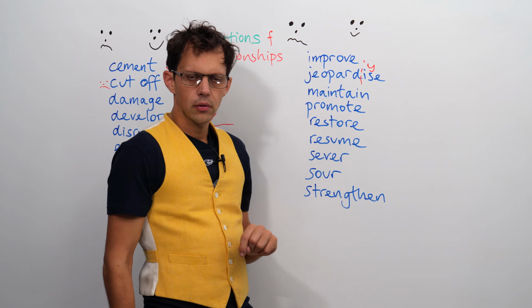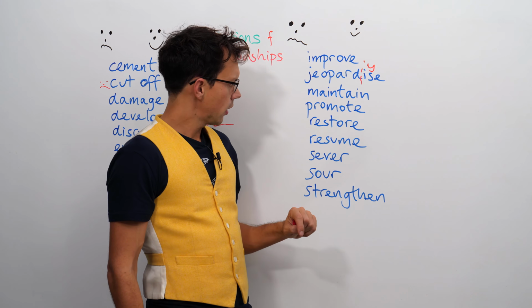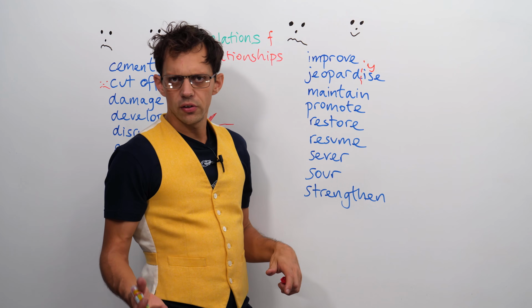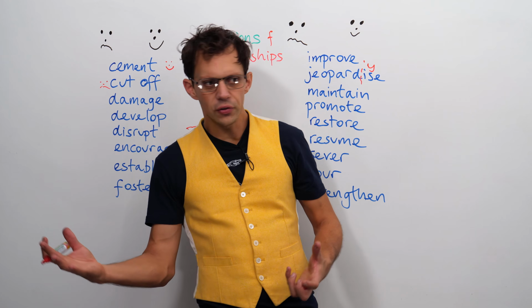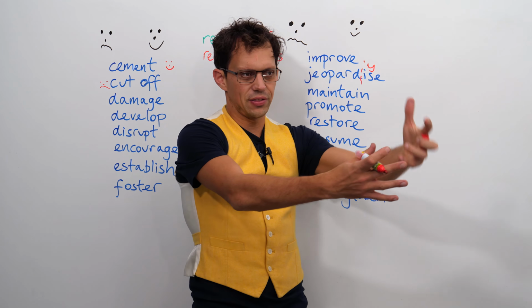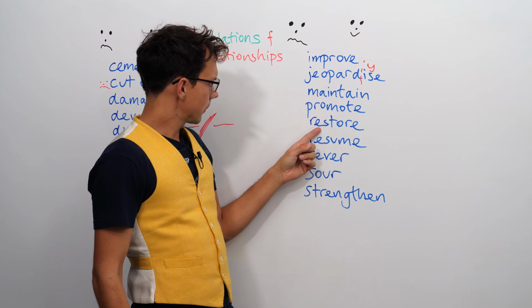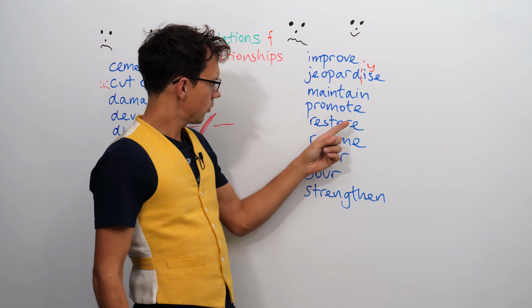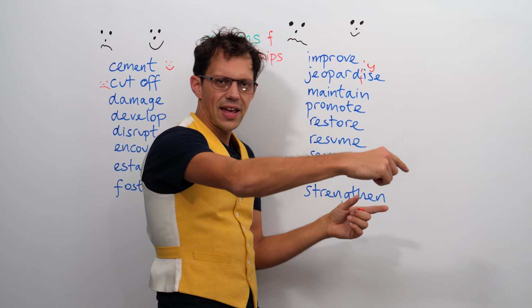Restore. This is a very widely used verb. It can be used for all sorts of things: computers, relationship with God, relations with countries, relationships with people. So what does it mean? It means to reset.